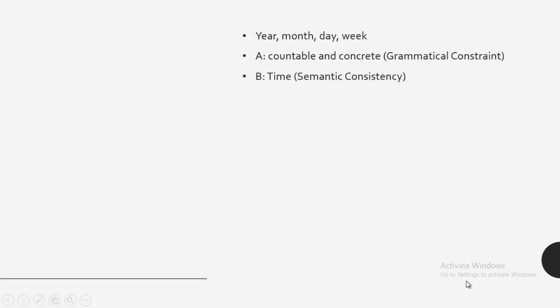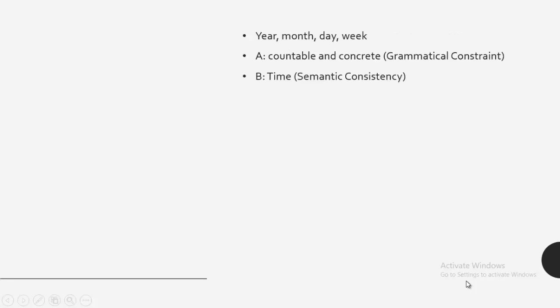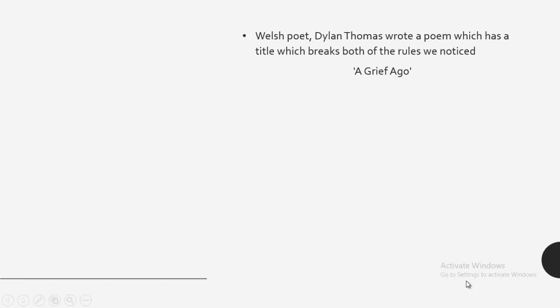It is not grammatically correct, because grief is not something countable, and it is also semantically deviant or inconsistent, because grief is not something related to time. So a grief ago is a strange title or phrase, and it would catch your attention because of this deviation.